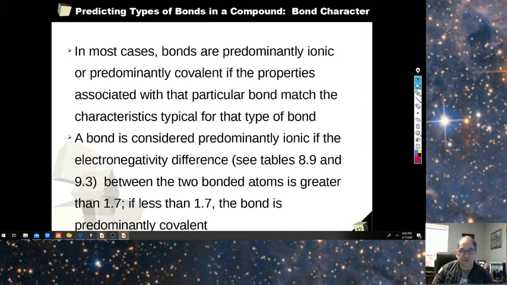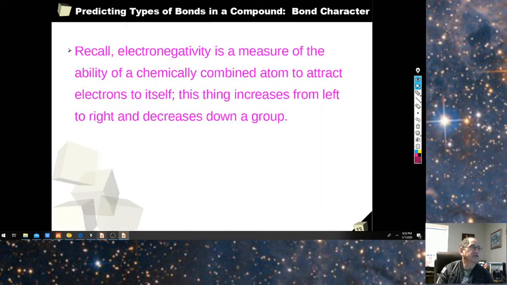If it's less than 1.7, then it's predominantly covalent. So you've got to know two things out of that. What makes it ionic? What makes it predominantly covalent?